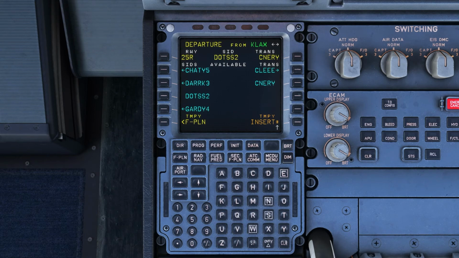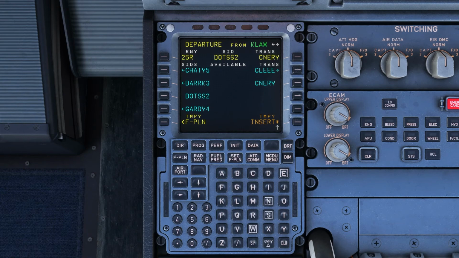Climb via the SID, except maintain 5,000 feet, expect 35,000 feet, 10 minutes after departure. And then you would read that back to them. And then they would say, and then as filed.